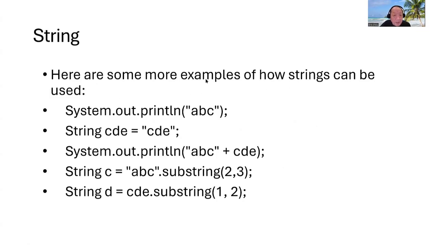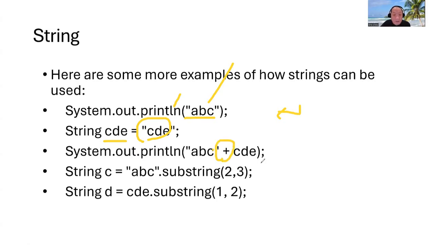And then here are some examples of using strings. You can print a string. If you print a string, you put a string right here, and you can use println, print line, to change line. You can assign a string to CDE, and CDE is a reference variable, and you assign the data to it. You can connect two strings together using the plus sign.